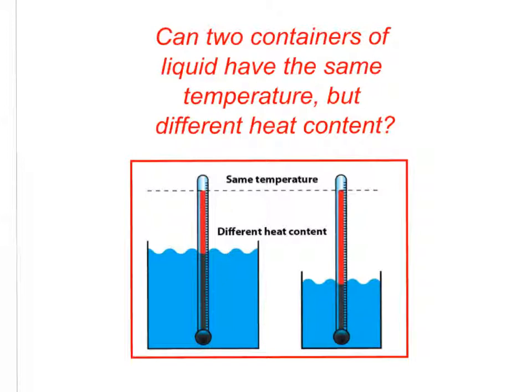Well, the answer is yes. That heat content is that total internal energy, or that thermal energy. And certainly, remember, the thermal energy depends on mass. And if I have a much greater mass here, this will have a higher thermal energy, a higher heat content.